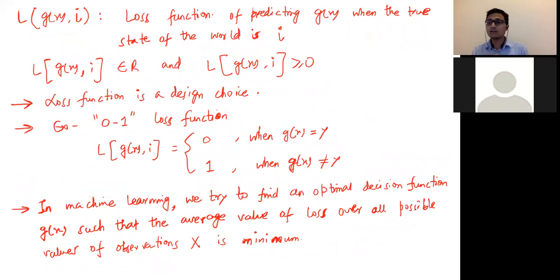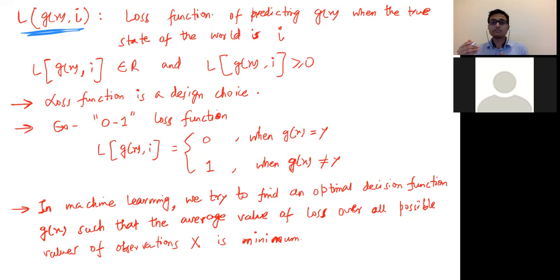Once we have the decision function and we have the true state of the world, we can define something called the loss function. This loss function basically gives a penalty based on how good or bad your decision is.